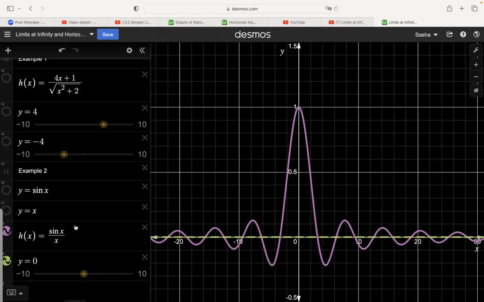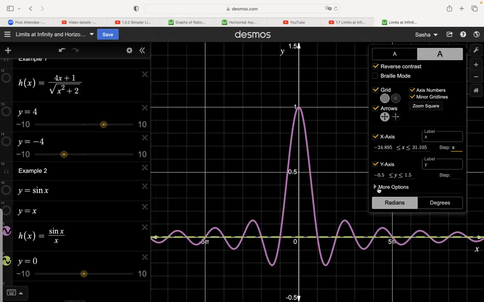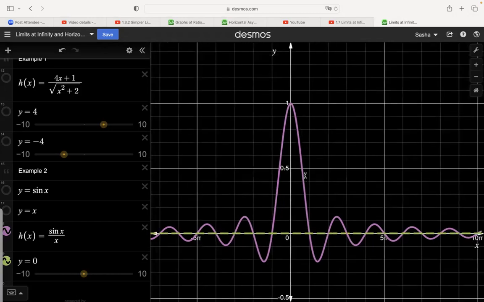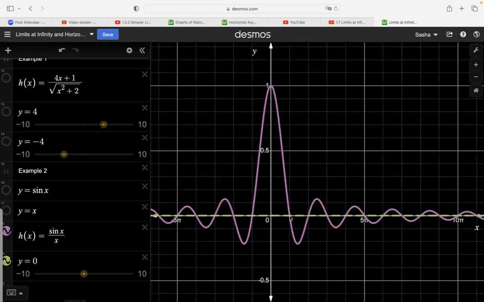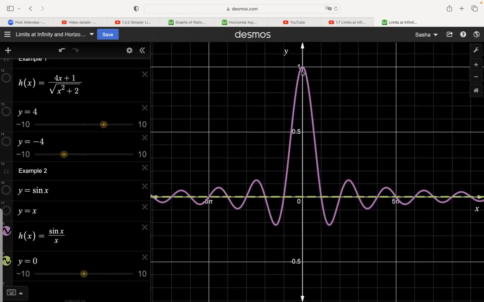It's going to be 0 every time the numerator is 0, which means it's going to be 0 at all of the multiples of pi. So to emphasize that, we might want to increment in intervals of pi. So it's 0 at pi, 2 pi, 3 pi, 4 pi, 5 pi, 6 pi, and so we can see that now.